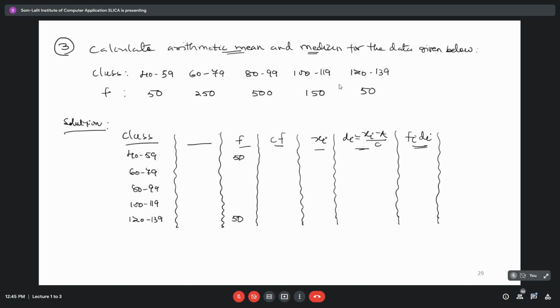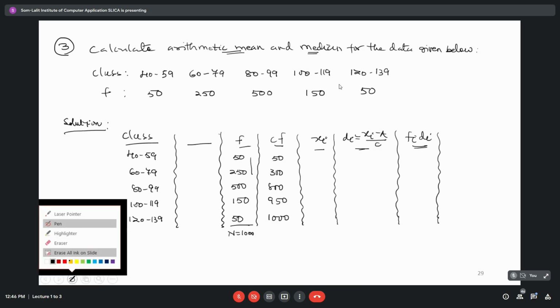Then this one is CF, the sum of the frequencies of previous classes. So this is 50, then 300, then 800, then 950, and then one more, which is 1000. So n equals 1000, the total number of observations.